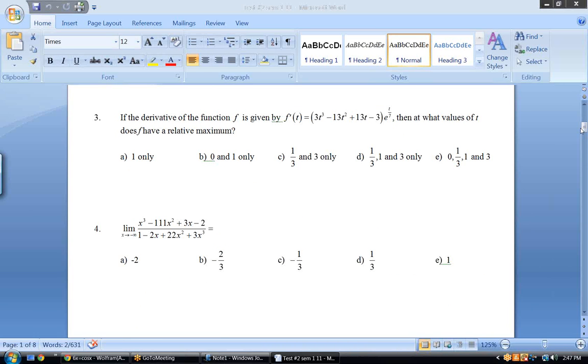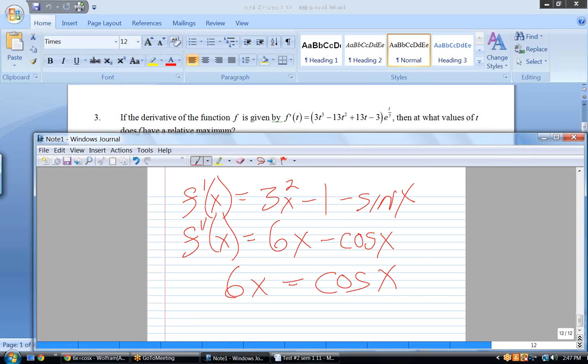Okay, so they gave us the derivative function. So where are we going to find a relative maximum? In other words, what are we going to do at this point? Set that equal to 0? Yeah.